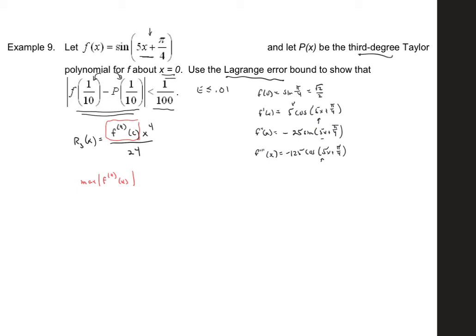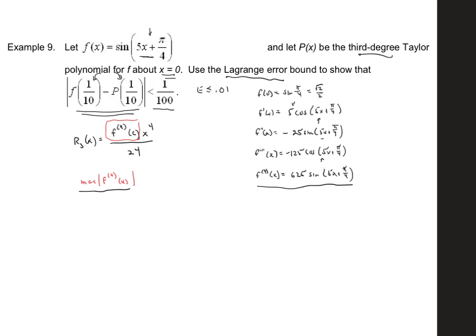So when we take our fourth derivative, we can see that we're going to get now another negative. Doesn't really matter, it's the size. 625 sine of 5x plus pi over 4. This is what we're trying to find the maximum of.